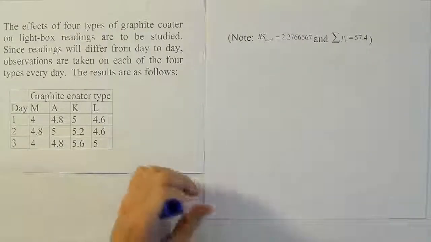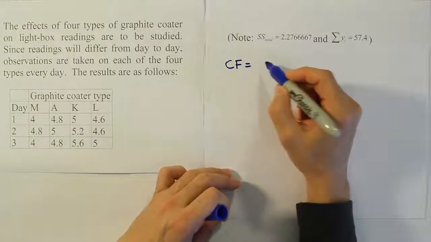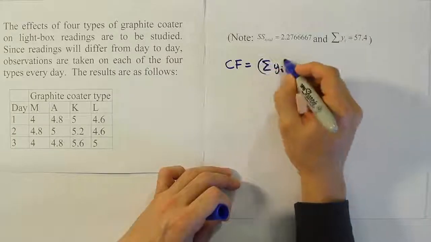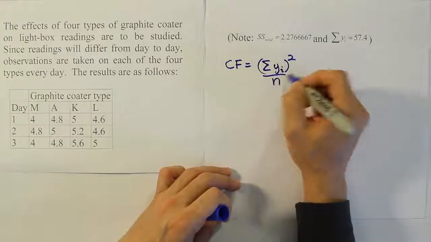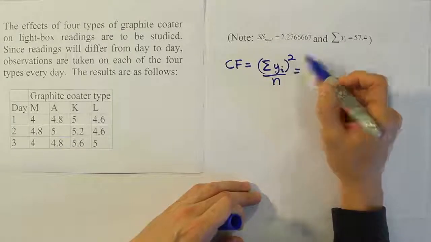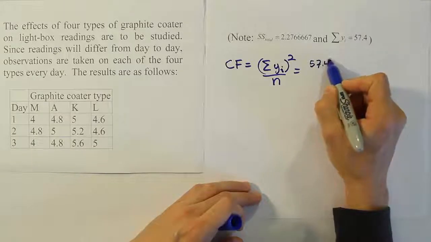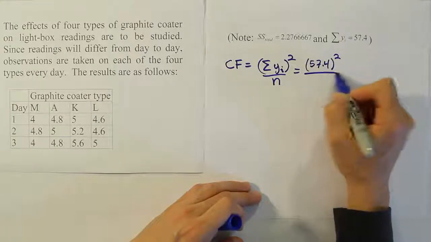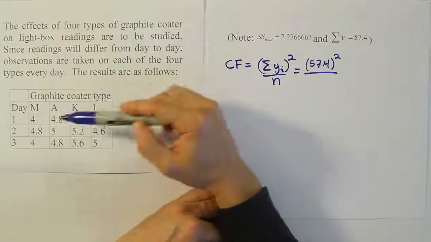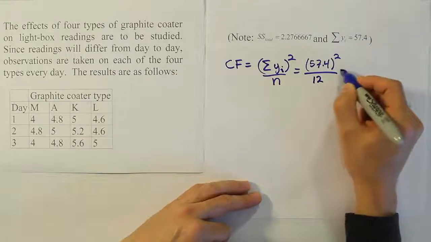Okay, the first thing we do in our data step is to calculate the correction factor, the CF, and that's basically calculated by doing the summation of the response variable y, quantity squared, over n, the number of values. So they gave us this quantity, the summation of yi, so we have that, it's 57.4, and we're going to square that value and then divide by the number of values we had. Well, we had 4 columns of 3, so we're going to call that 12 total values, of course, right?